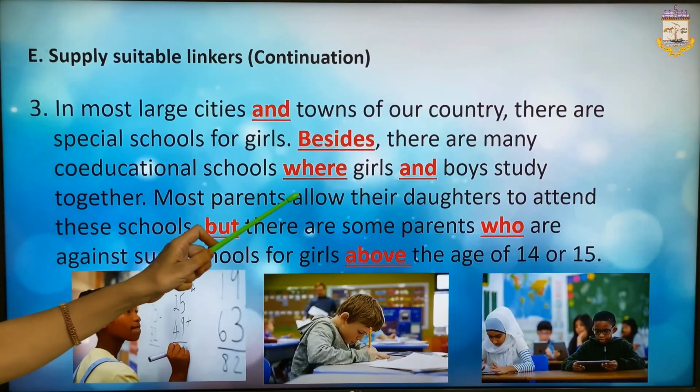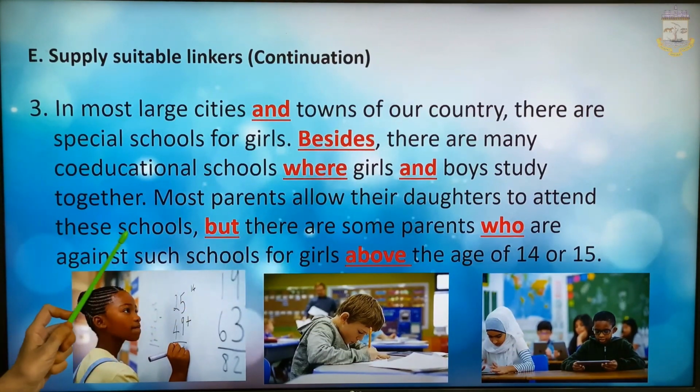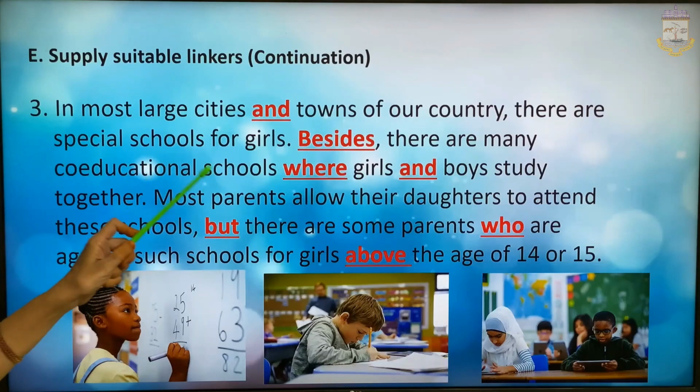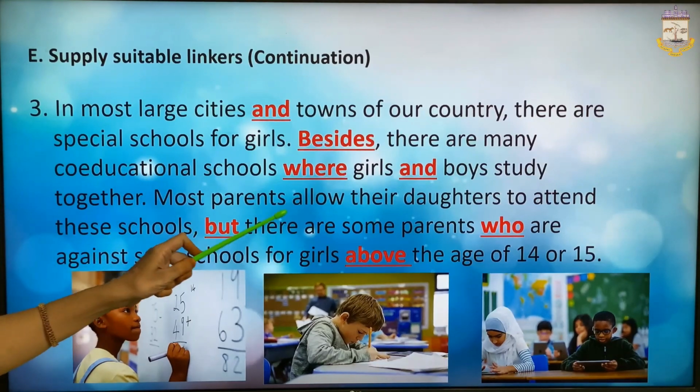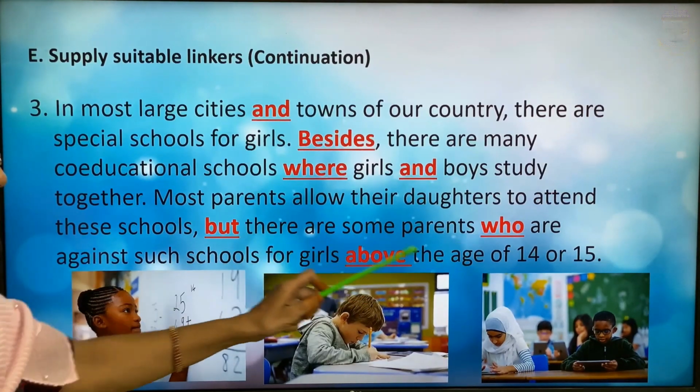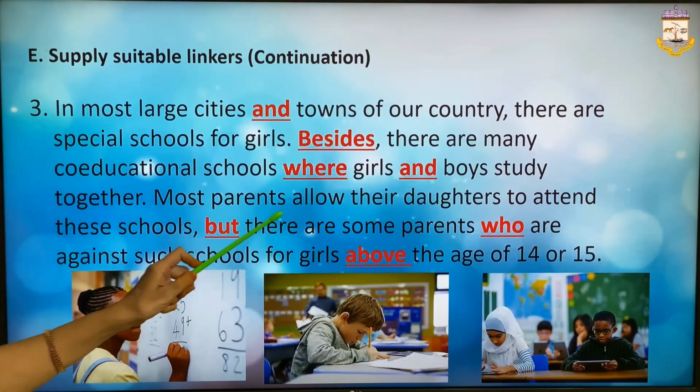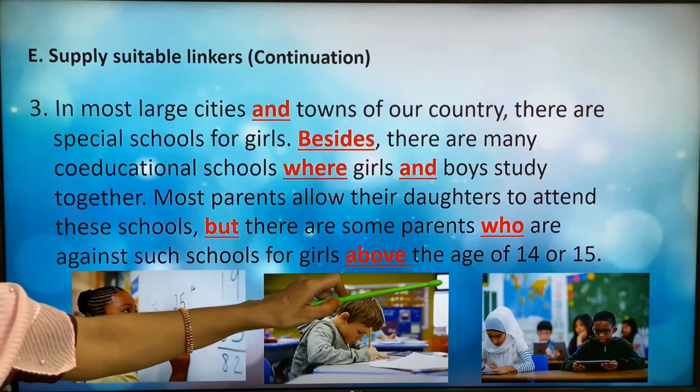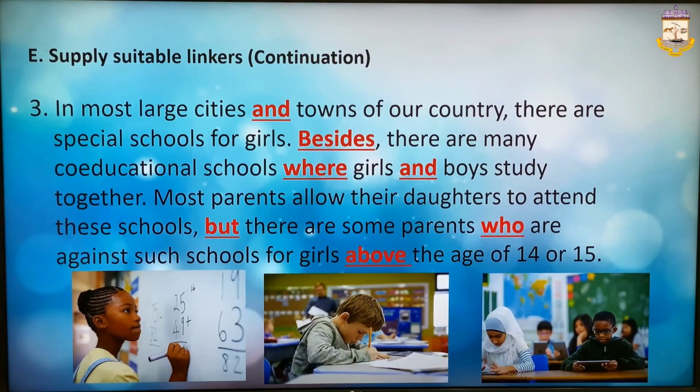Most parents allow their daughters to attend these schools, but here exception, okay? But there are some parents who are against such schools for girls above the age of 14 or 15.